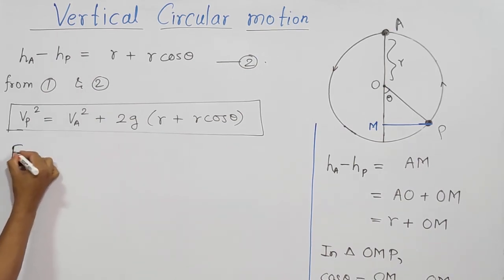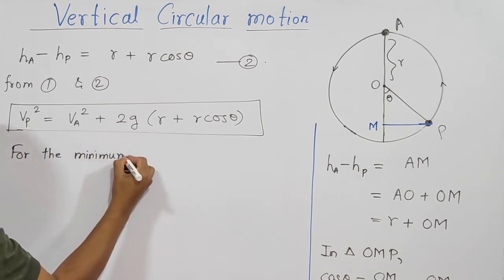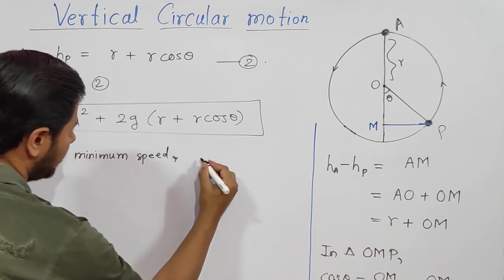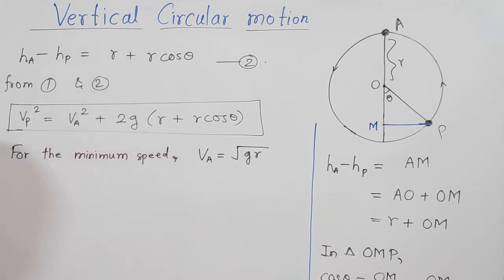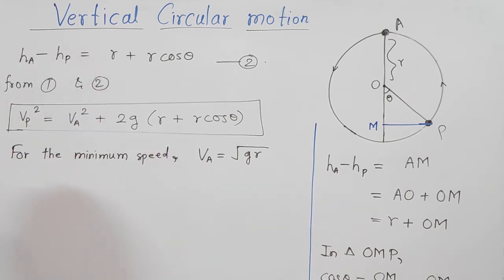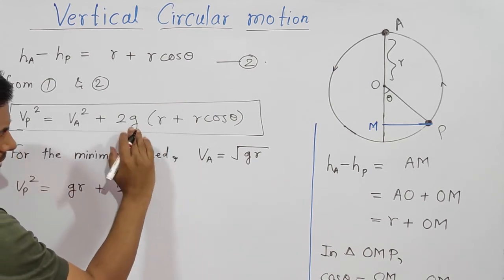So now for the minimum speed, VA should also be minimum because Vp depends on VA. So we have VA equals to square root of G into R. We know that minimum speed at the top is square root of G into R. So we can substitute that in this equation to get Vp squared equals to square root of GR squared is GR plus 2 times of G into R. I will multiply this out.